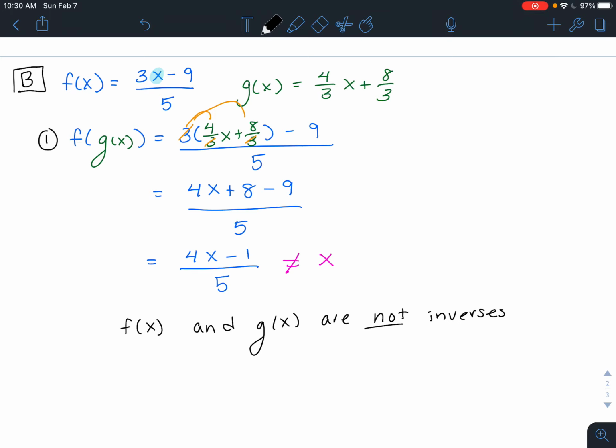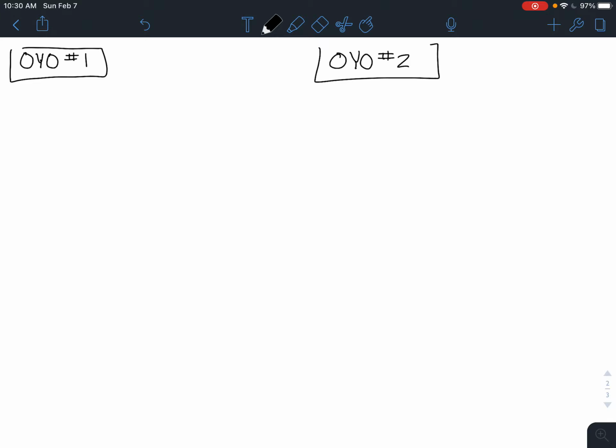So I'm going to write 2 problems on the screen for you to try by yourself. So you're going to do the same thing. You're going to verify both functions.